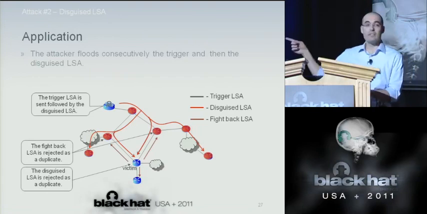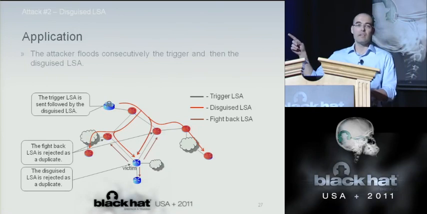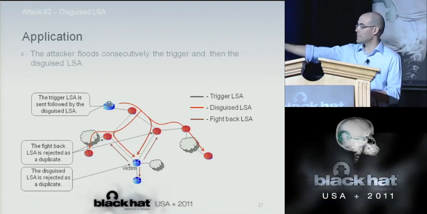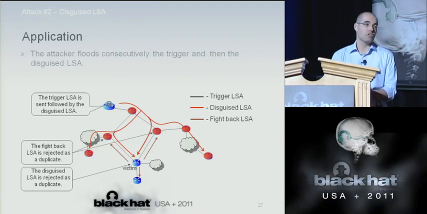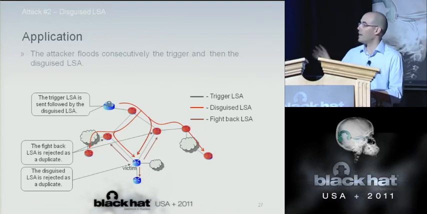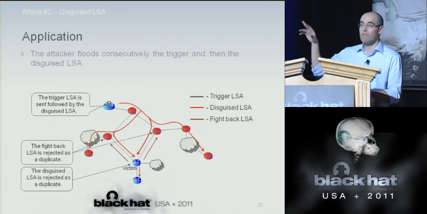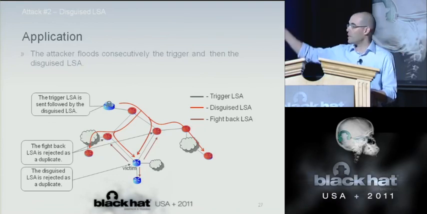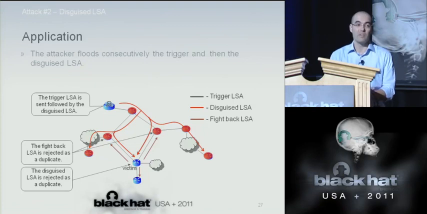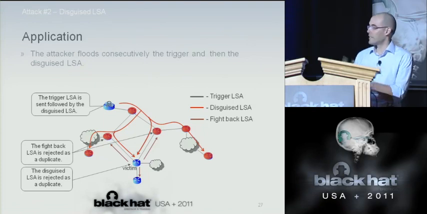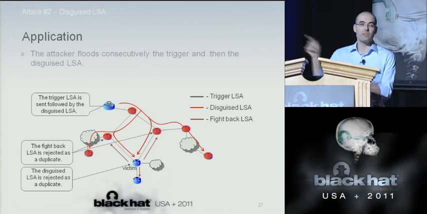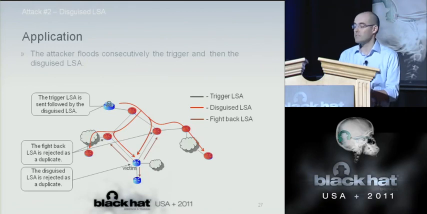Now notice here that the attacker does not always manage to poison all the routers in the autonomous system. For example, this router down there was not poisoned. This is because every path from the attacker to that router traverses the victim. So the attacker cannot manage to get to this router.